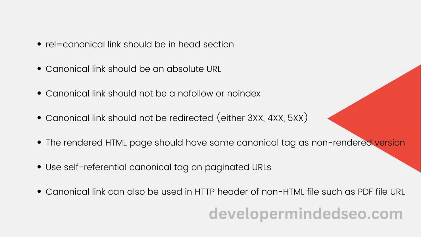These points will be helpful not only in fixing the canonical tag issues raised under Google Search Console, but also whenever you are working on a website audit using a third party tool, where you can find many canonical tag issues flagged, such as canonicalized URL is noindex or nofollow, canonical URL is relative, canonical URL is not found, or there is a mismatch between the HTML canonical code and the rendered HTML page canonical code.